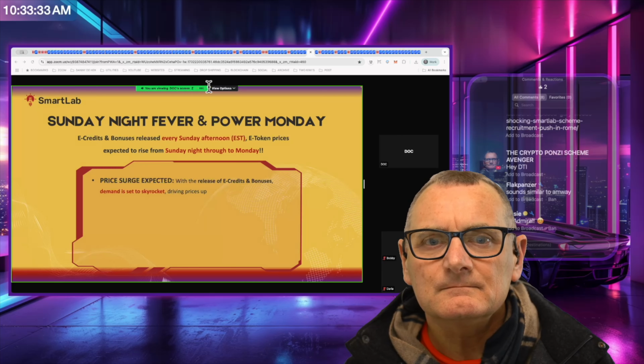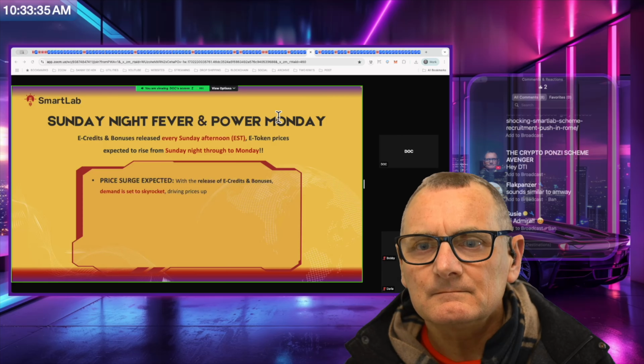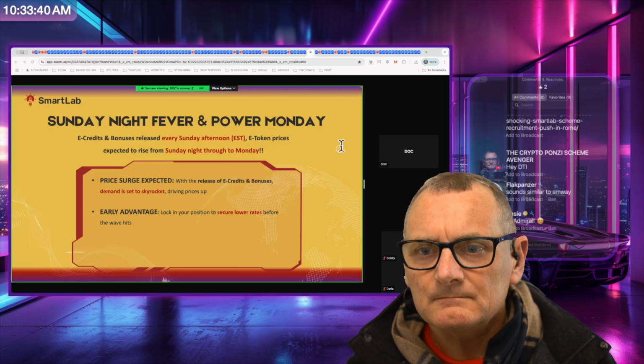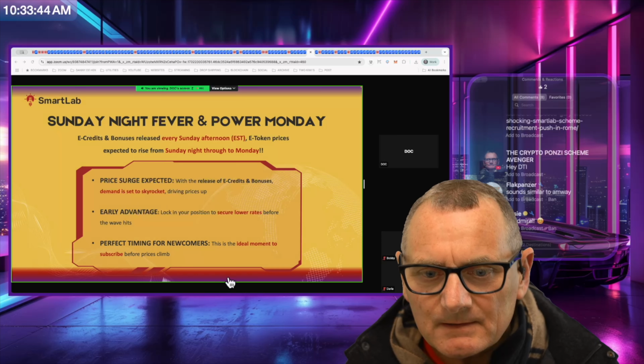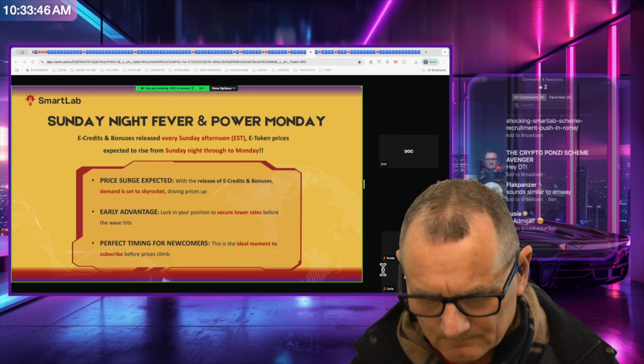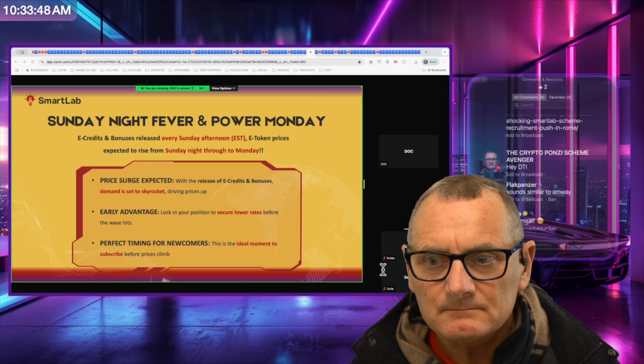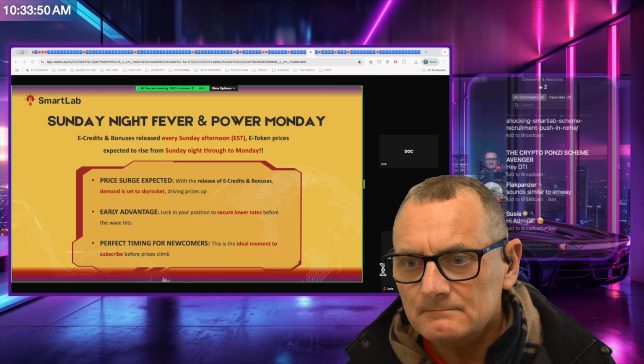So we have a price surge that usually happens Sunday evening through Monday morning that drives the price up. You can lock in your position to secure lower rates before the wave hits. It's perfect timing for newcomers, and it's an ideal moment to subscribe before the price climbs.